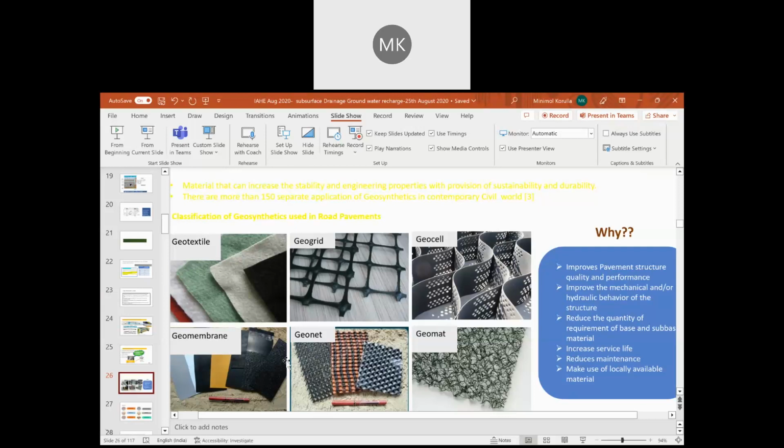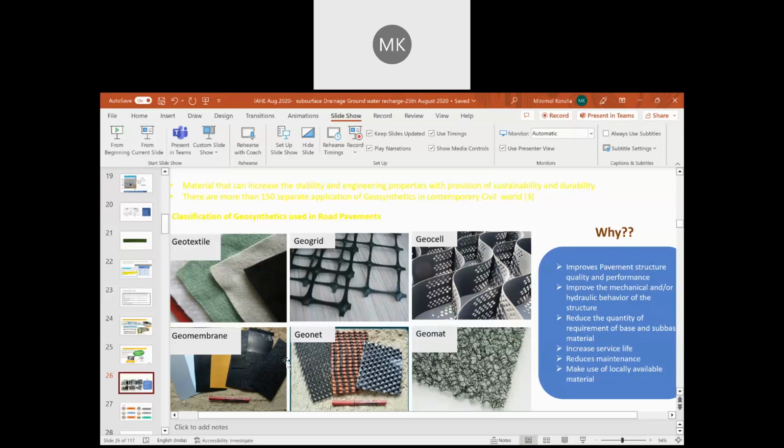Okay. Can you hear me? Yes, ma'am. And can you see the slides? Yes, ma'am. So the first slide, subsurface drainage and groundwater recharge. Is it visible? Yes, ma'am. Thank you.